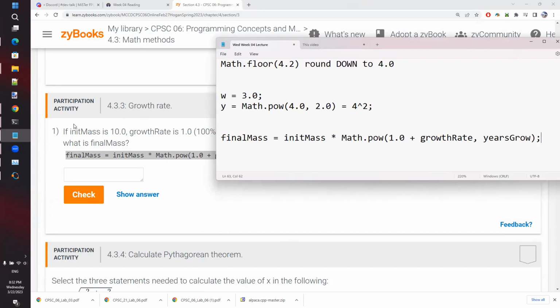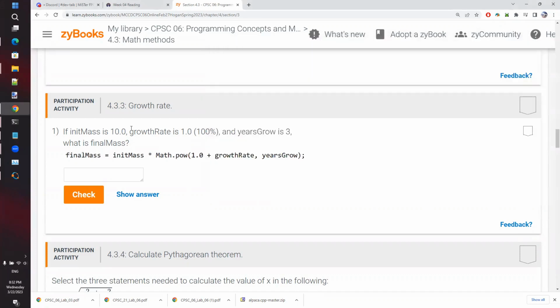So the first thing here says initial mass is 10.0. So over here, I'm just going to find initial mass and replace it with 10. So I see it right here. Initial mass is supposed to be 10.0, so I'll put in 10.0. And then growth rate is 1.0.